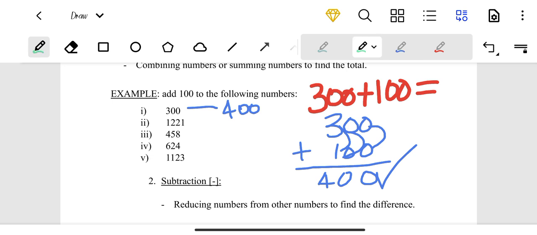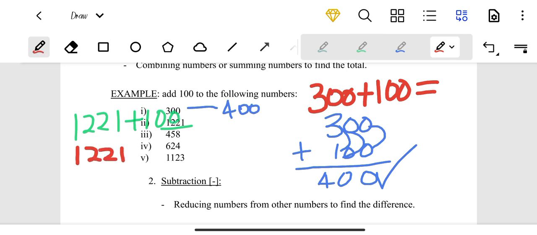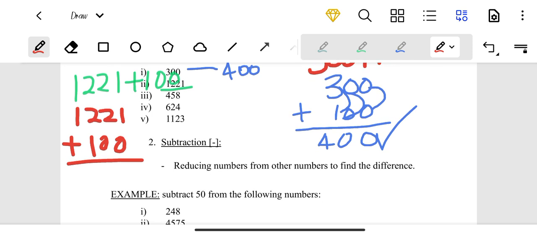So we jump to the next number, which is 1221. So if we say 1221 plus 100, how do I write 100? I'm going to have my 0, 0, 1 there, and then I have that line down there. So 1 plus 0 is 1. 2 plus 0 is 2. 2 plus 1 is 3. 1 plus empty is going to be 1.